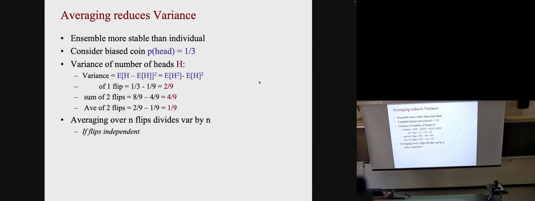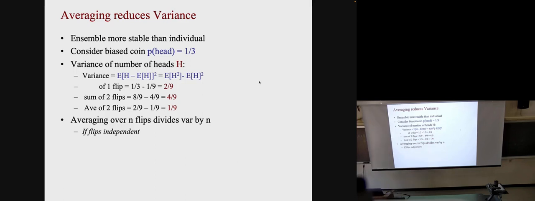In general, averaging does reduce variance because the ensemble is generally more stable than individual predictions. You can see this by considering an example of a biased coin. For example, if the bias of the coin is 1/3, the probability of having a head is 1/3.